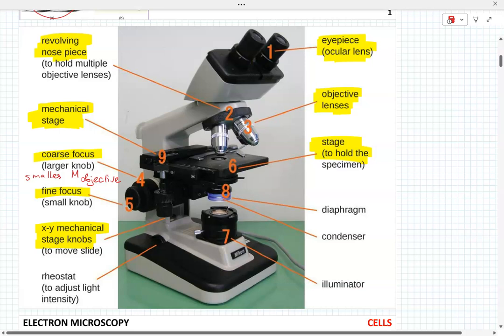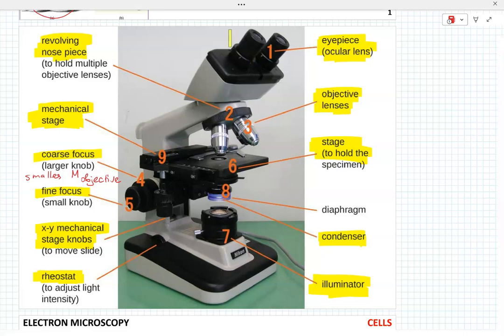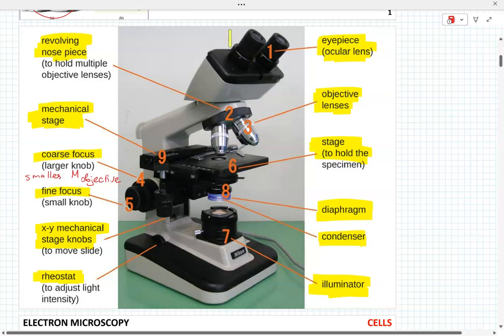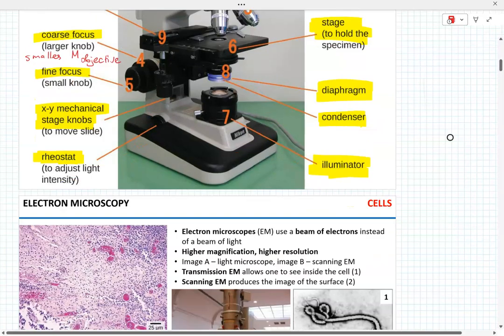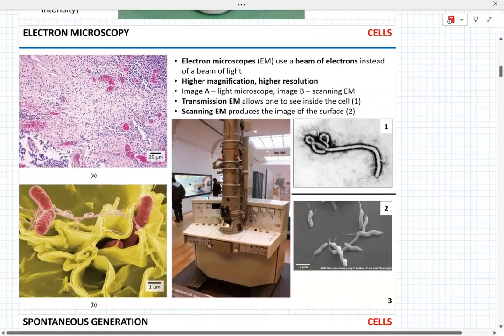Since it's a light microscope, you have to have a source of light, illuminator. The brightness of illuminator is regulated by a rheostat. Condenser is the part of the microscope that focuses the light on the specimen, while the diaphragm regulates the amount of light that reaches the specimen and therefore regulates the resolution of the image.